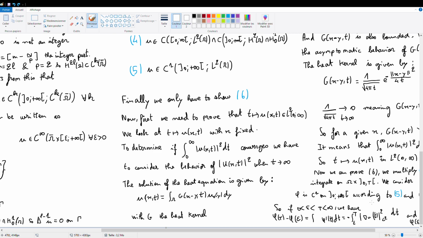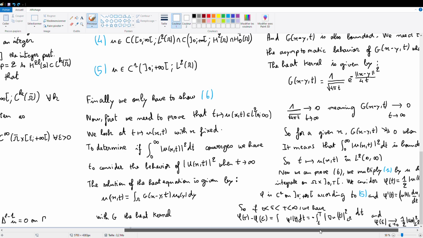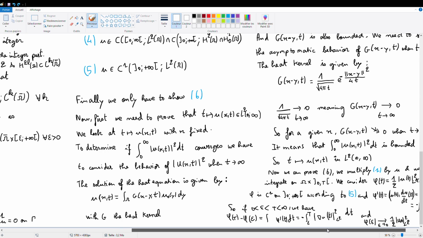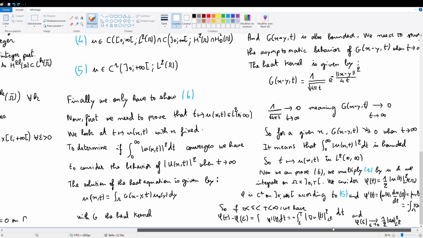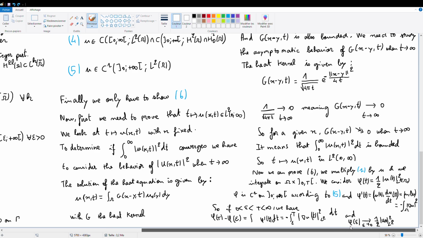The solution of the heat equation is given by u(x,t) equals the integral over omega of g(x minus y, t) u0(y) dy, with g the heat kernel.